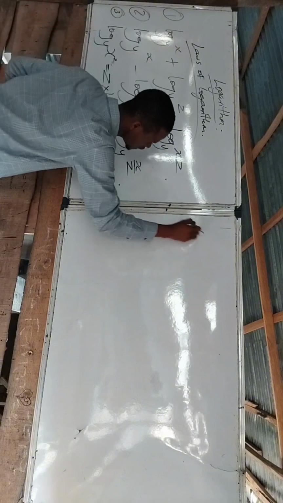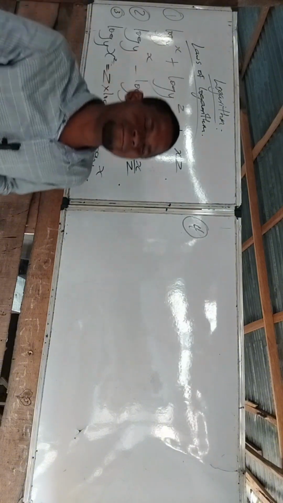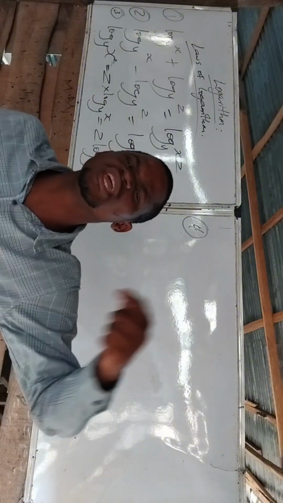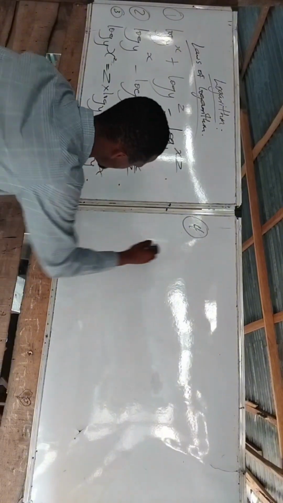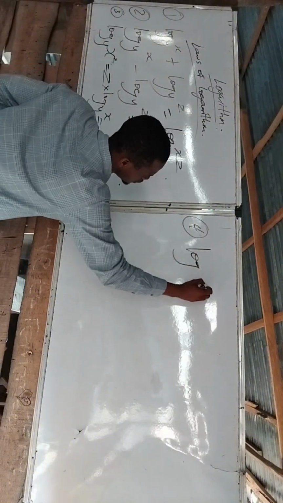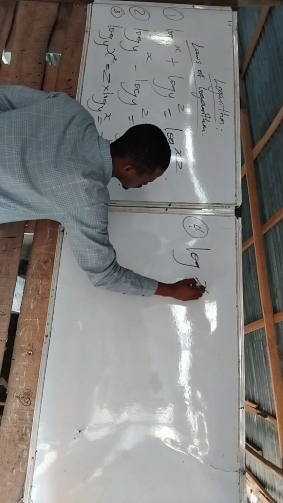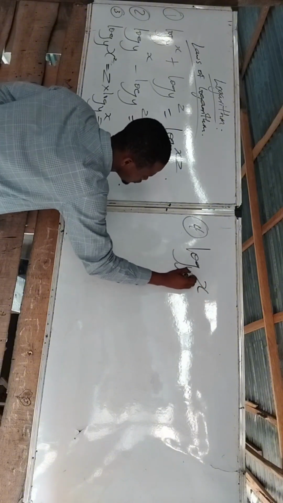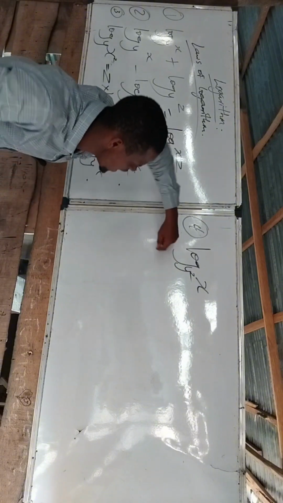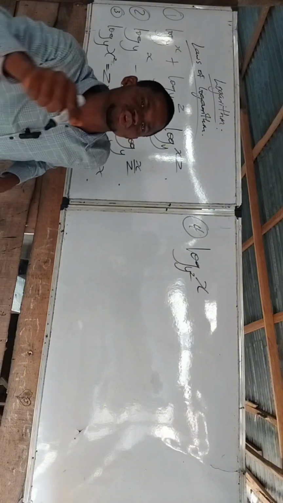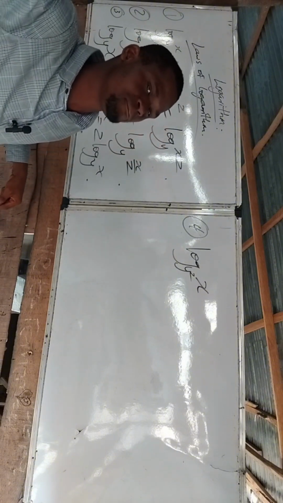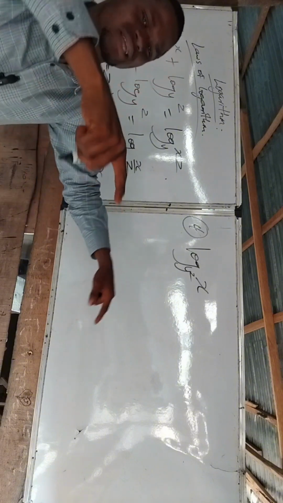Another law said that whenever the base is raised to a power, use the inverse of that power to multiply the logarithm. If you have something like log s base y raised to the power of z, here it is the base that is raised to a power. You use the inverse of that power to multiply the logarithm.